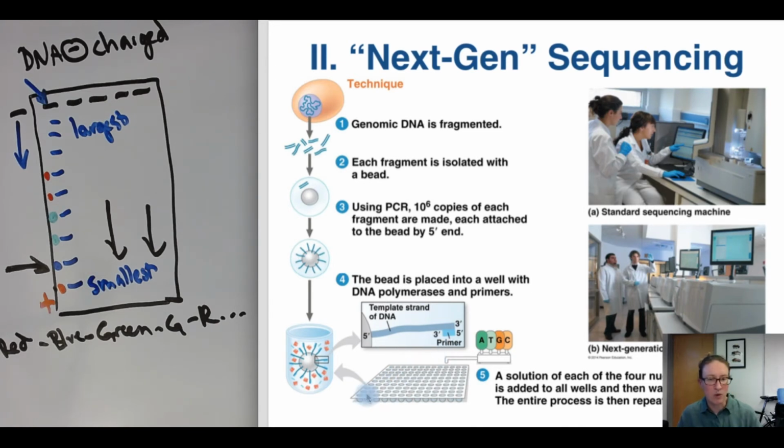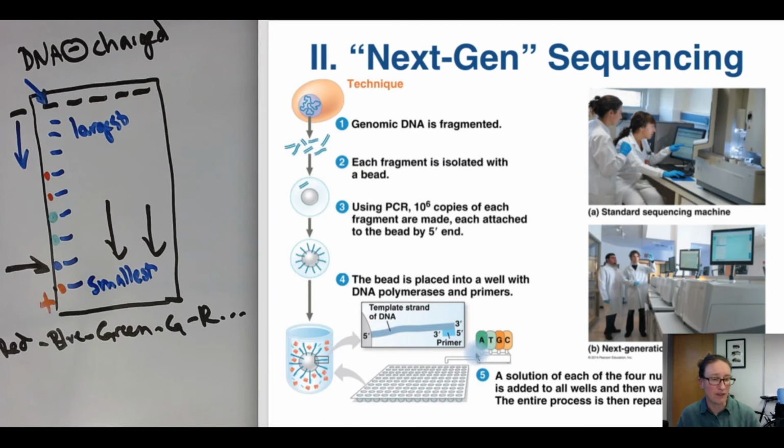With these plates you can generally run, I think it's at least 196, if not more, samples per plate. So they'll hold a lot of different pieces of DNA in a single plate. And then these are set up with instruments that will wash the whole plate with a solution that contains one of the 4 nucleotides.